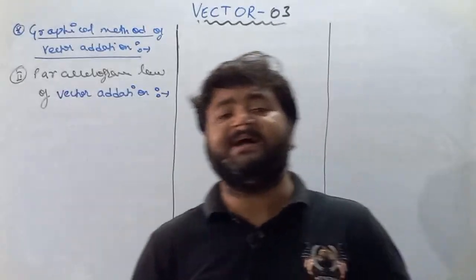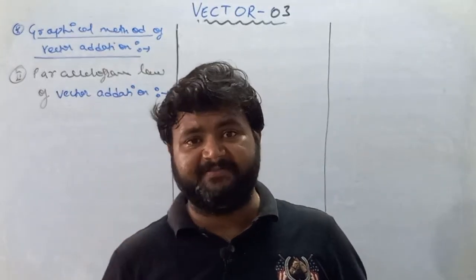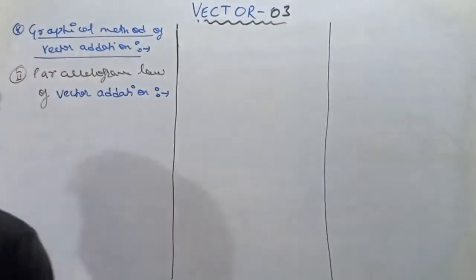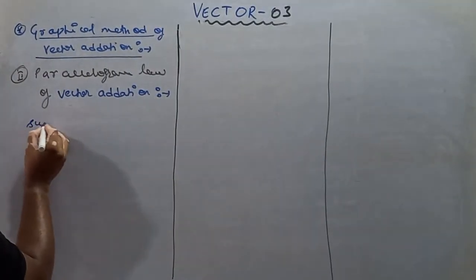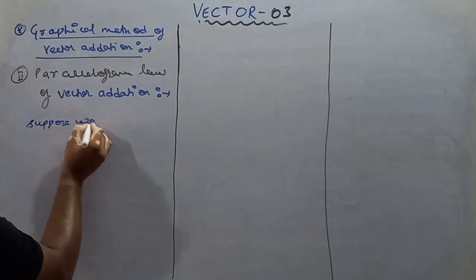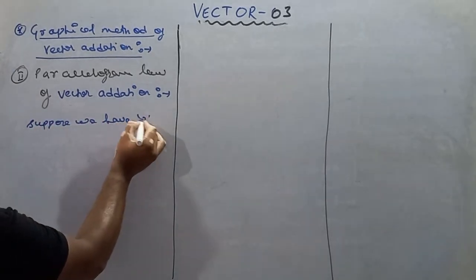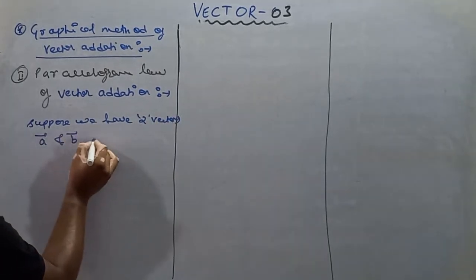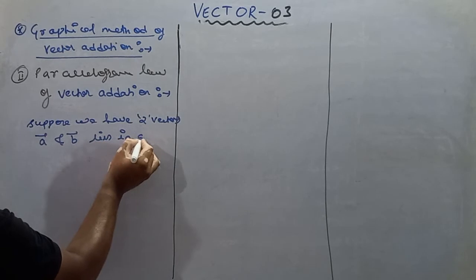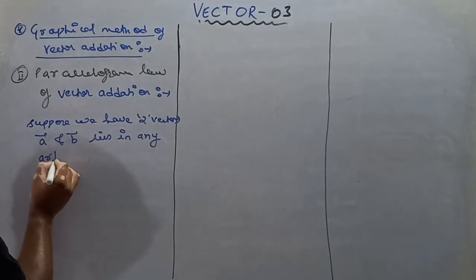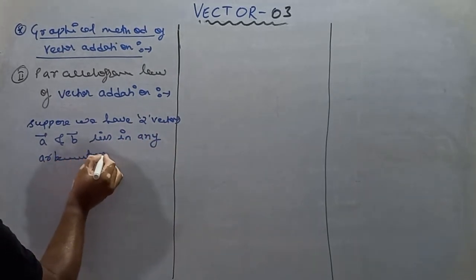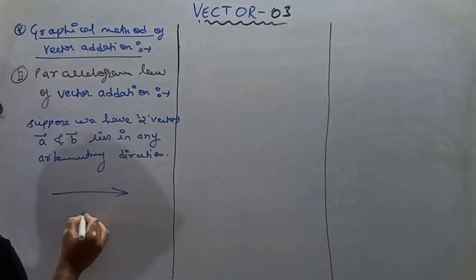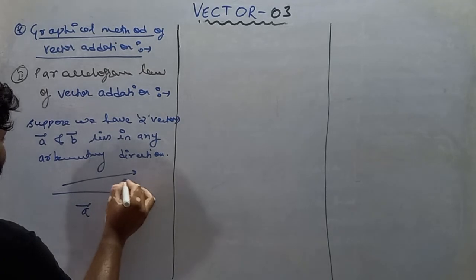Let us suppose we have two vectors, A vector and B vector, lying in any arbitrary direction. Let's suppose we have A vector and B vector.